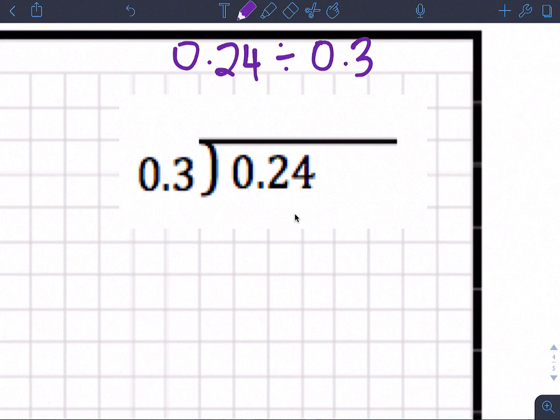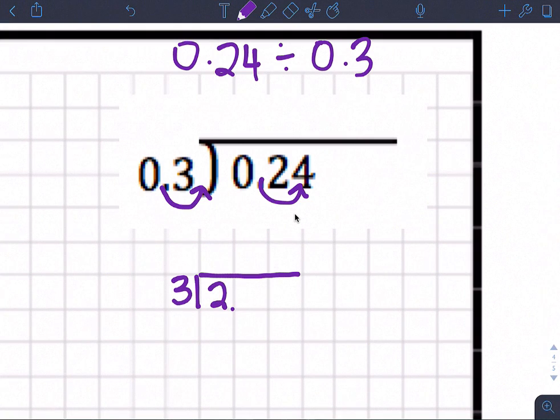So let's go ahead and move that decimal one place, and we're going to rewrite this as 3 on the outside and 2.4 on the inside. Since we moved it once to make 3/10 a whole number, we move it once to make 24 hundredths into 2 and 4/10.